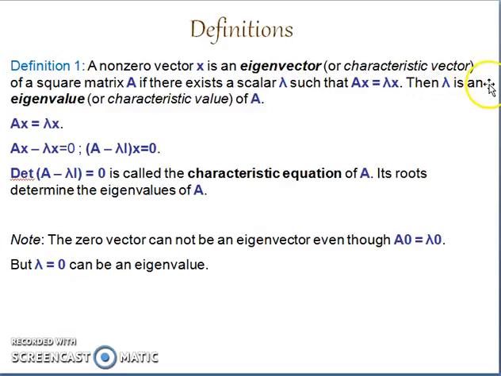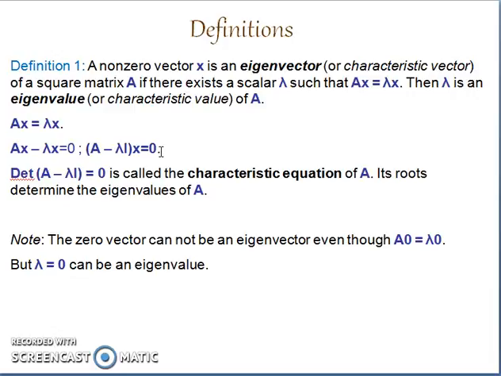Then this lambda is called the eigenvalue or characteristic value of A. That means if a vector satisfies Ax equals lambda x, where lambda is a scalar, then x is called the eigenvector and lambda is called the eigenvalue of that matrix.